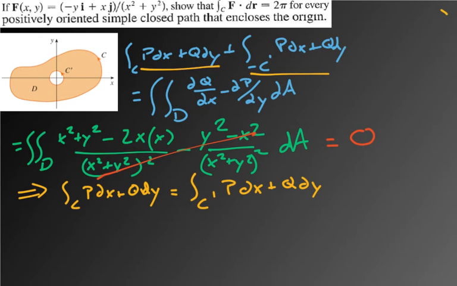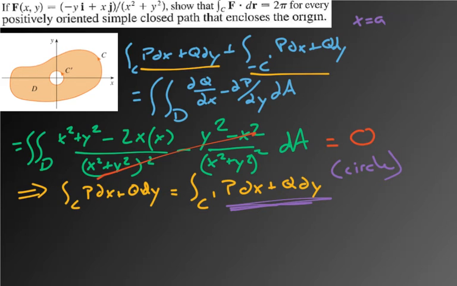If you can't tell already, orientation is super important in this stuff. These two line integrals are the same, so I would just work with the easy one, which is definitely the circle. To parameterize the circle, we can do x equals a cos t.